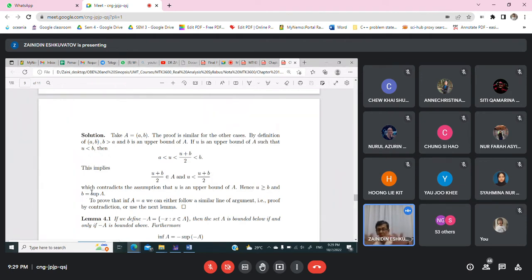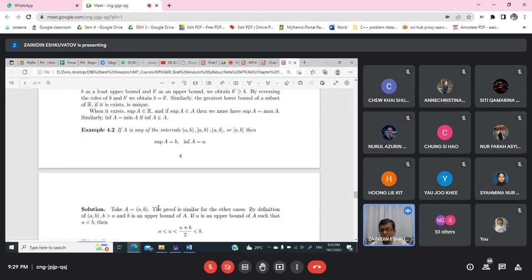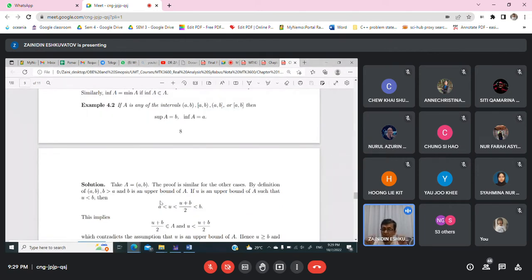Please learn this type of proof very well. This is the proof of the statement. But if we give certain types of functions and ask you to find the supremum and infimum, of course you don't need such a proof.